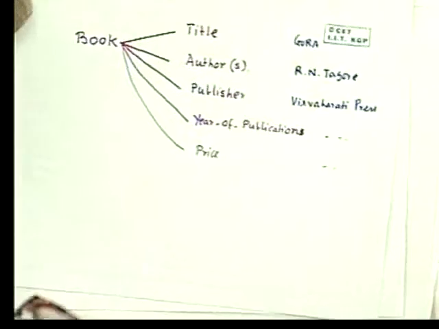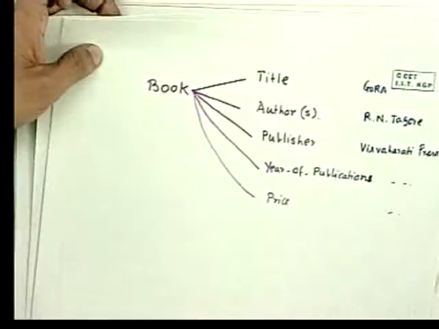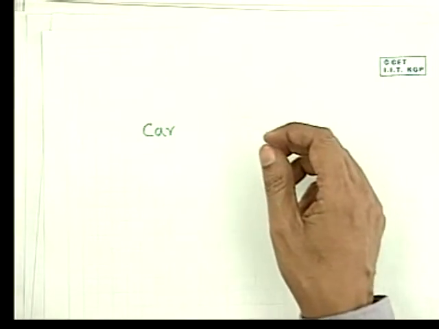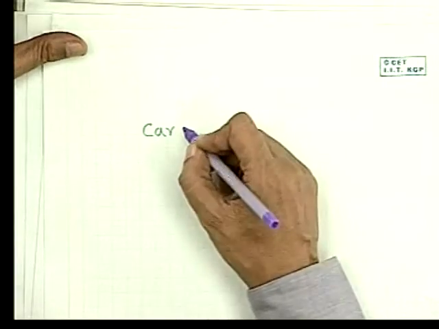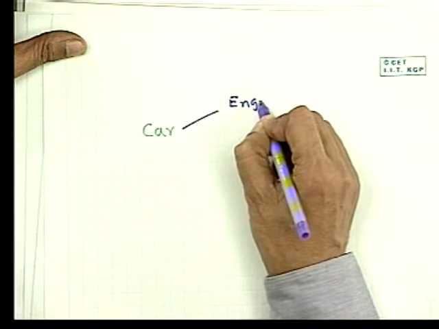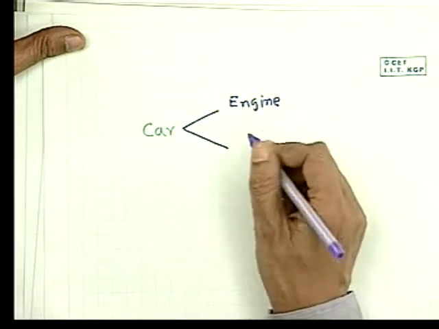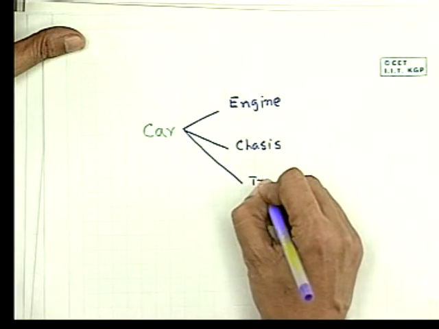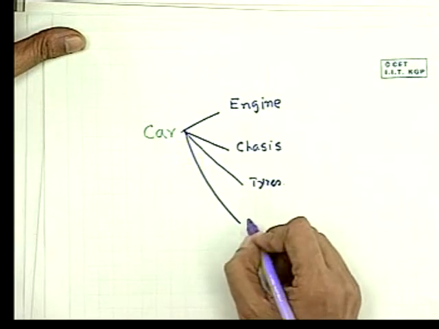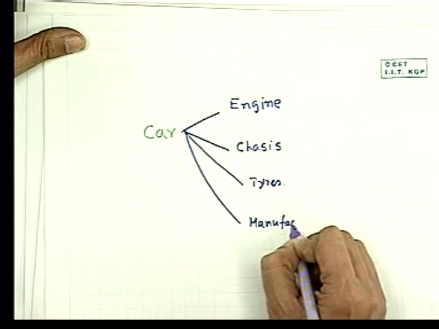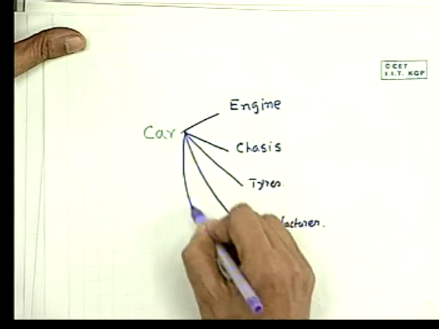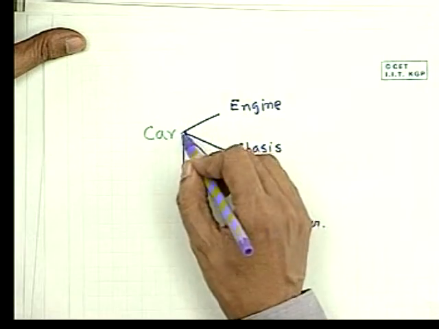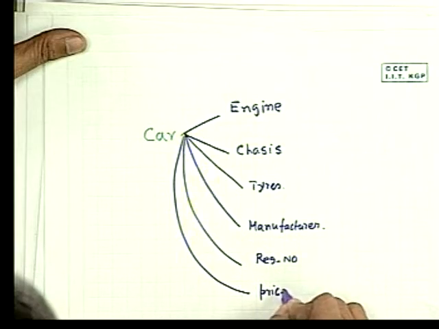For example, if we look at a car as an object, the car has several components or parts, one of which is the engine, then it has a chassis, it has its tires, then it has the manufacturer, who is the manufacturer of the car, then the car has the registration, the registration number, price, and so on.